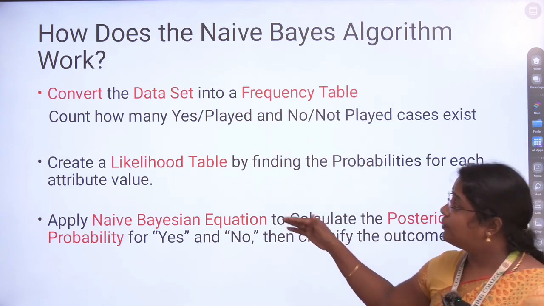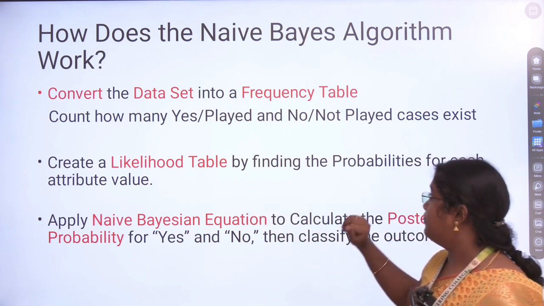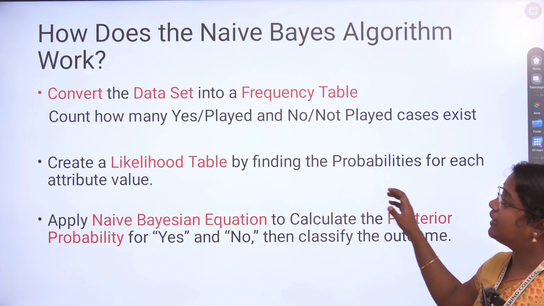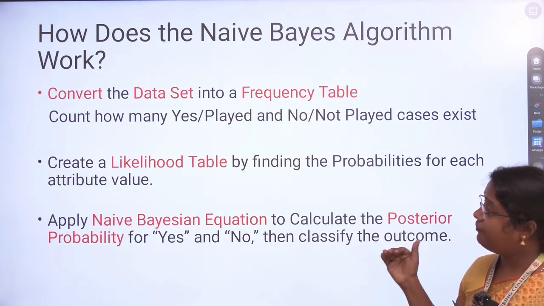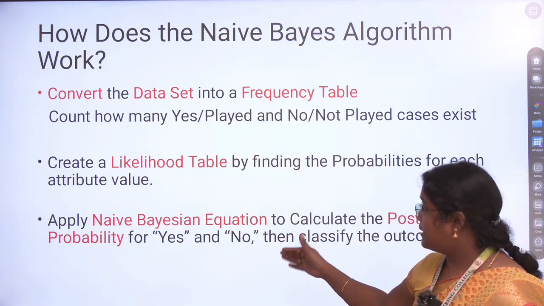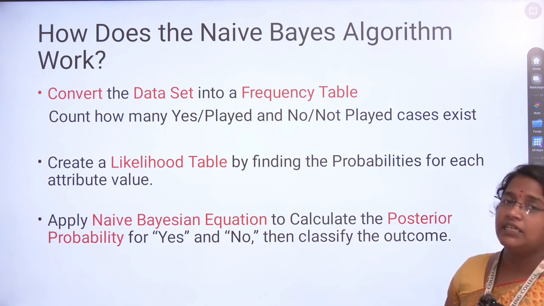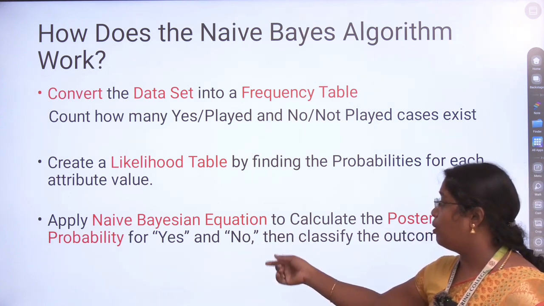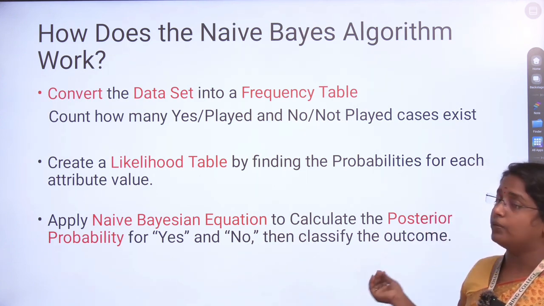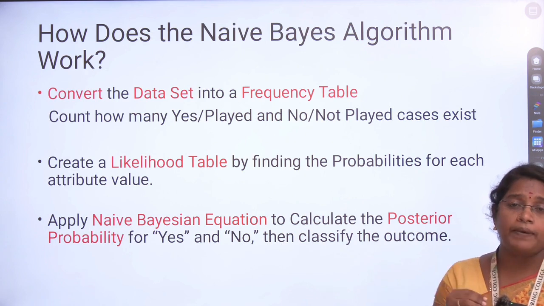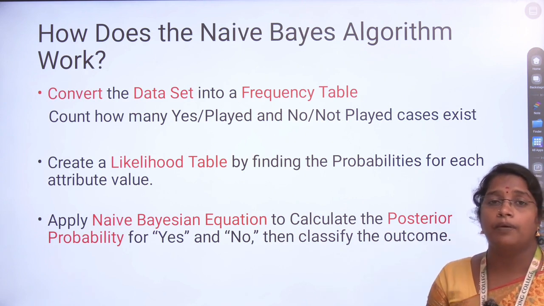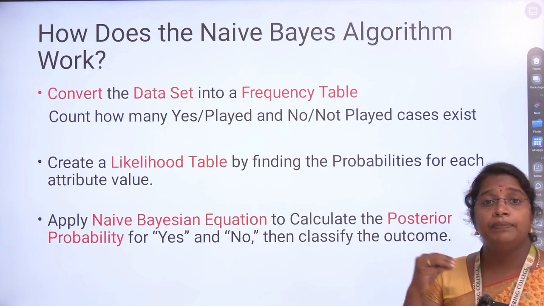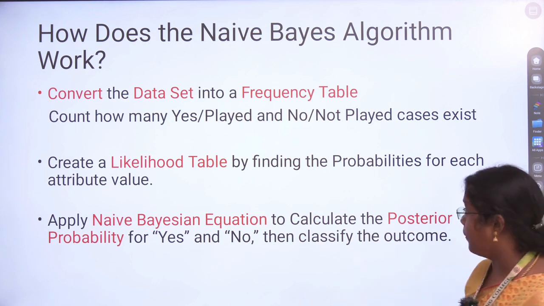After that, we have to create a likelihood table by finding the probability for each attribute's value. Then we apply the Naive Bayes equation to calculate the posterior probability for both classes, whether the player played or not played. Then classify the outcome based on the argmax. As I explained earlier, the argmax picks the class which has the highest probability.